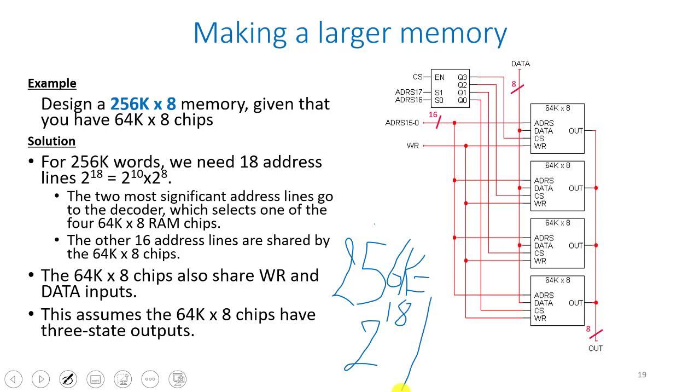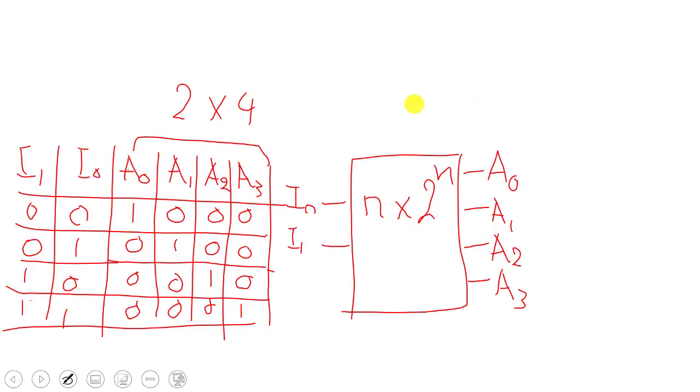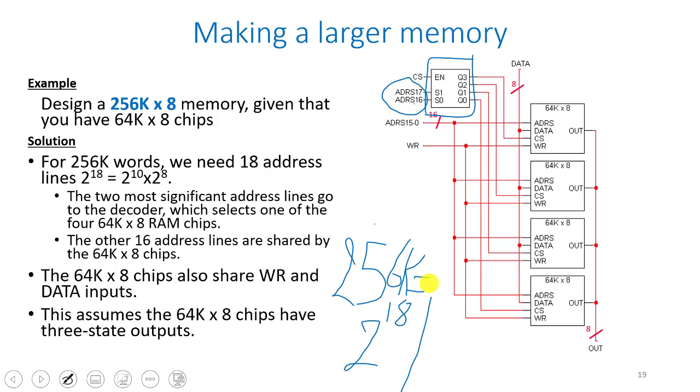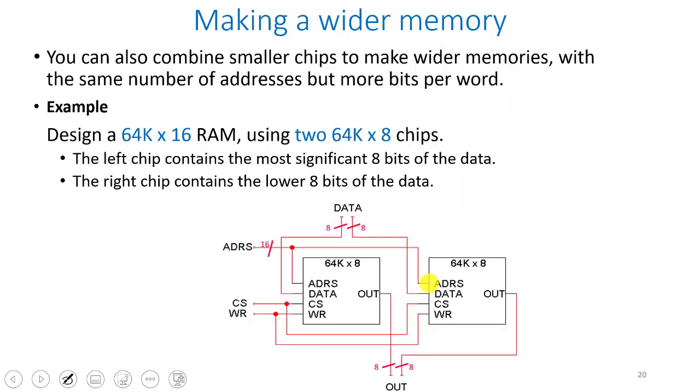So we have 18 minus 16. We have an extra 2 lines which are going to be connected to the decoder. What is the size of the decoder? 2 inputs, 2 by 4. So it's here 2 by 4 is our decoder over here. So this explains how we are going to connect the RAM, as you can see.